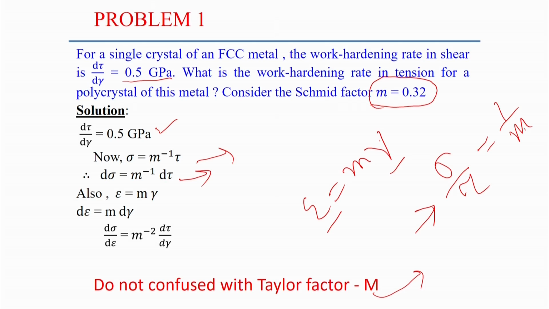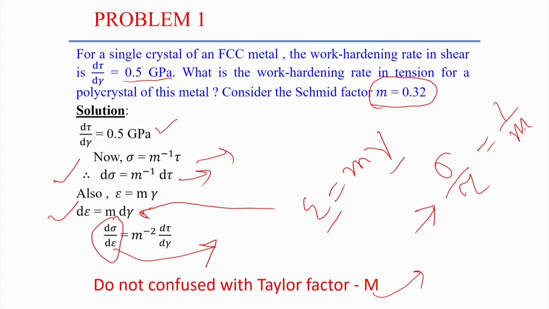In terms of the Schmidt factor, we can correlate the normal strain and the shear strain. From these two equations we can find d sigma by d epsilon equal to 1 by m square d tau by d gamma. This represents the work hardening rate in tension.